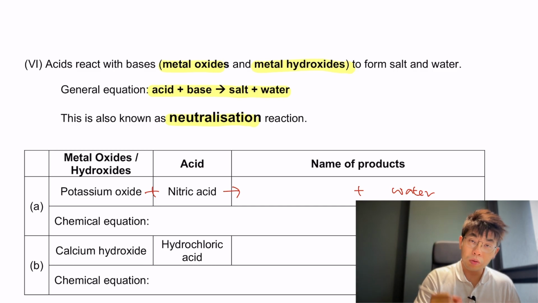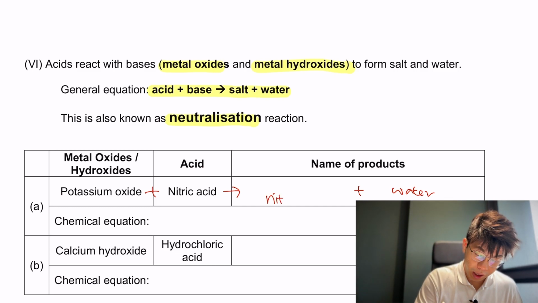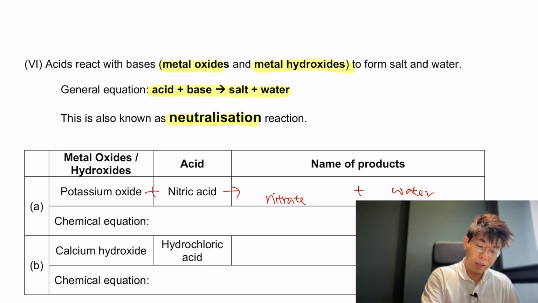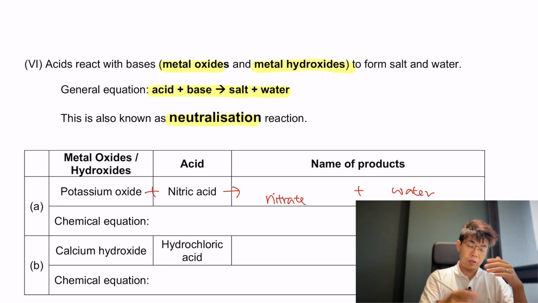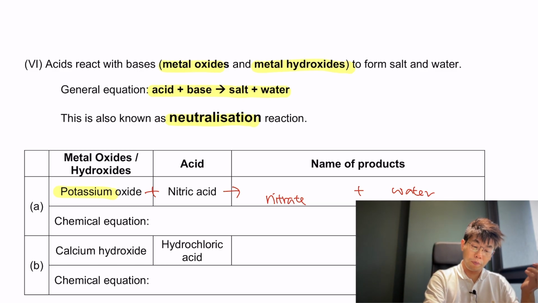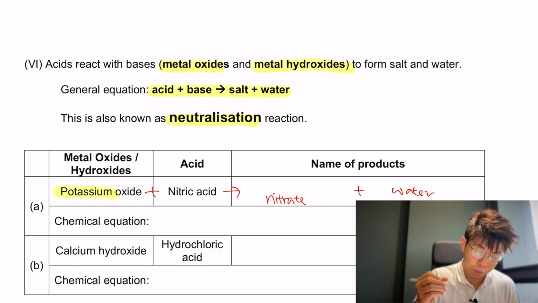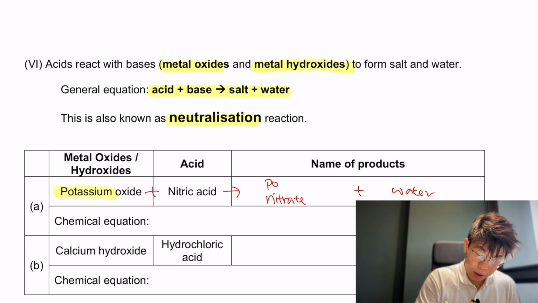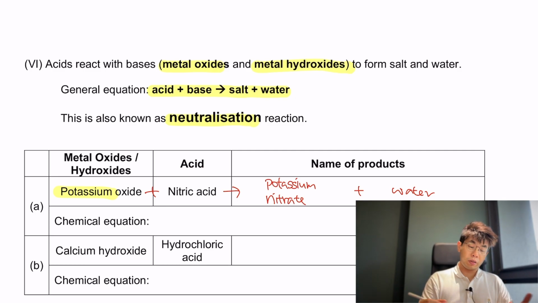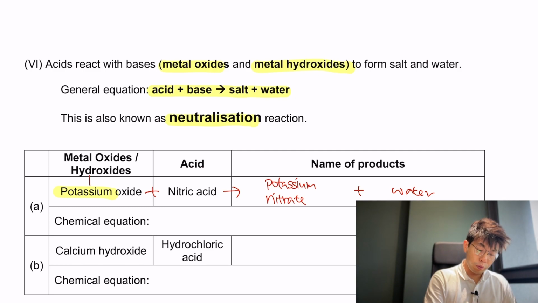We need to know nitric acid will form a nitrate. And then I need the metal, which is potassium, the metal inside the potassium oxide compound. So that's potassium nitrate. Let's write the equation. Potassium is from group 1, so it's K+.